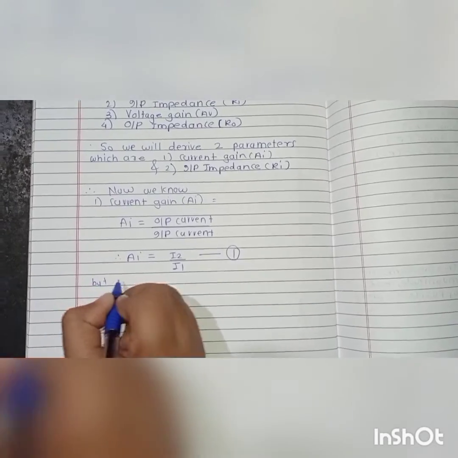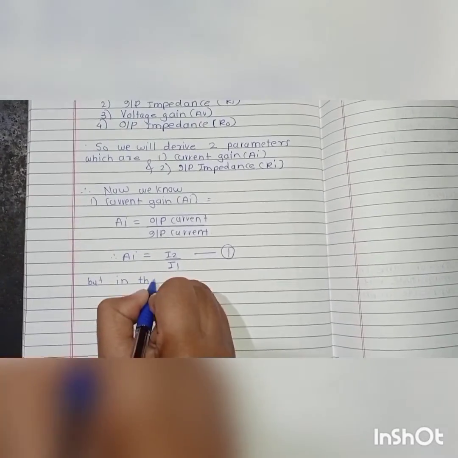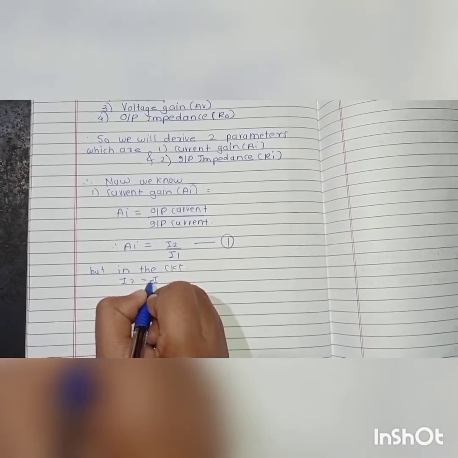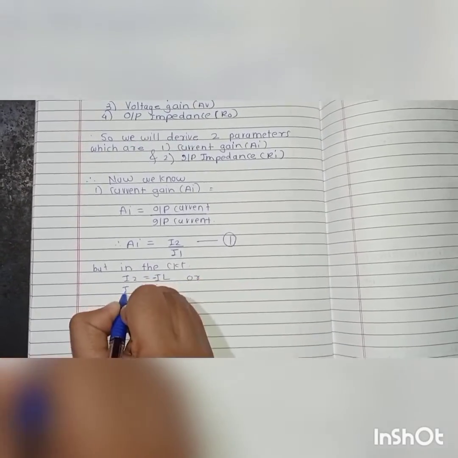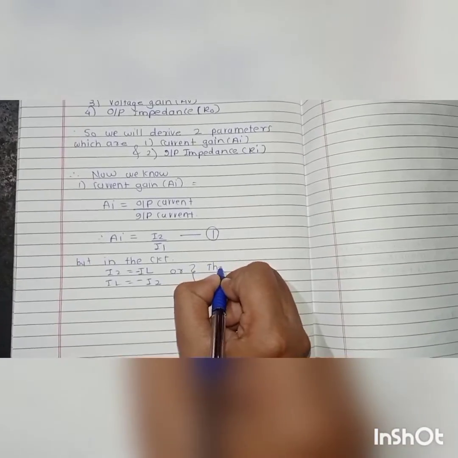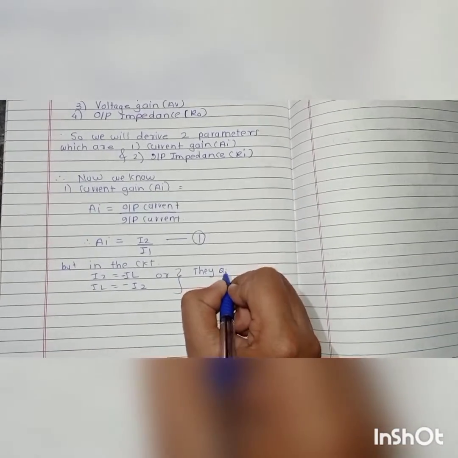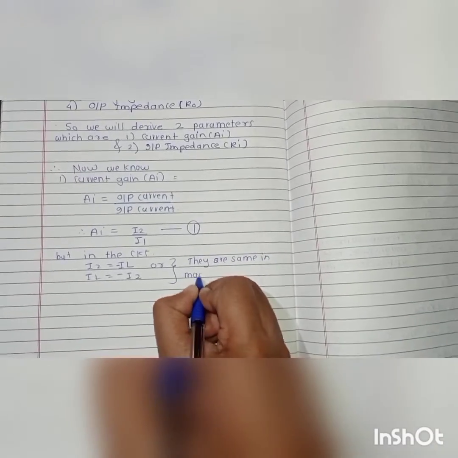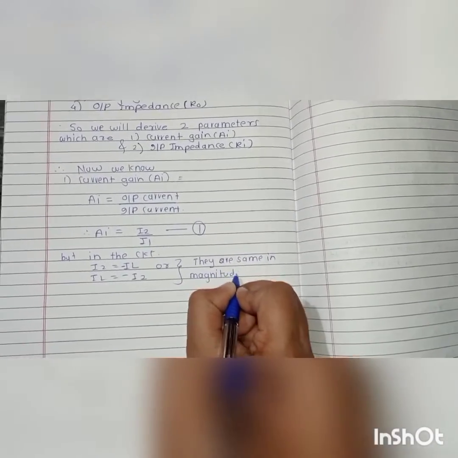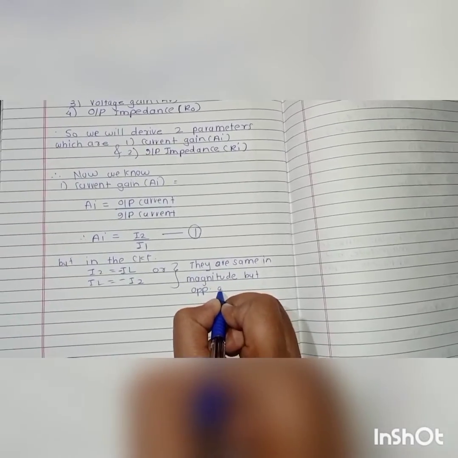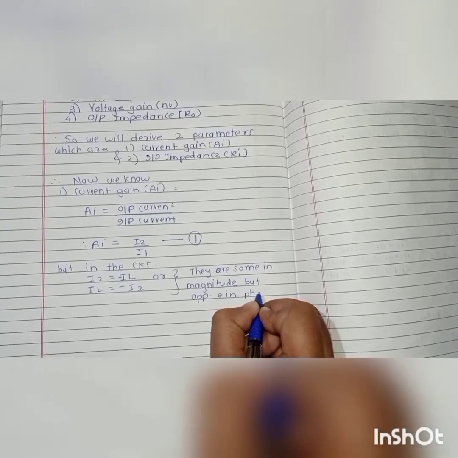But in the circuit, I2 equals minus IL, or IL equals minus I2, because they are the same in magnitude but opposite in phase.